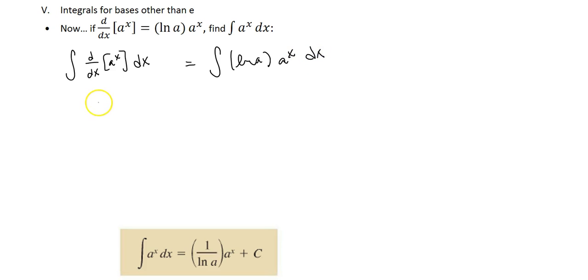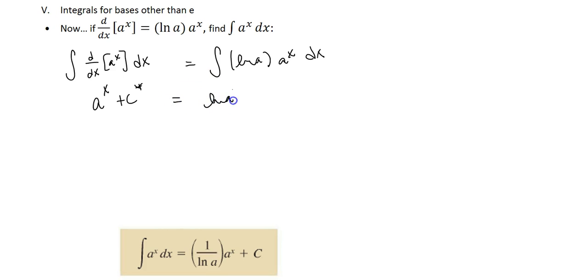Using the antiderivative, this is just going to be a to the x plus c, because the integral with respect to x of the derivative with respect to x gives me the function plus or minus a constant. And I'm going to call this c star, just because I might not use it as my final c.